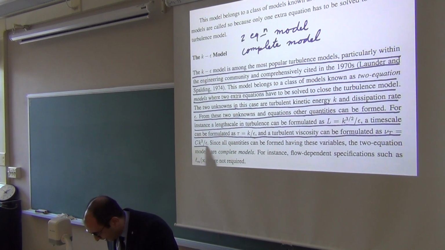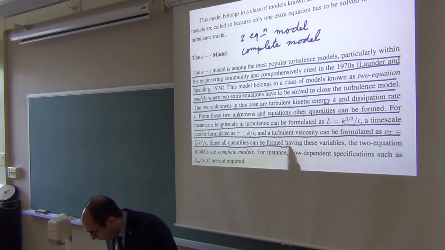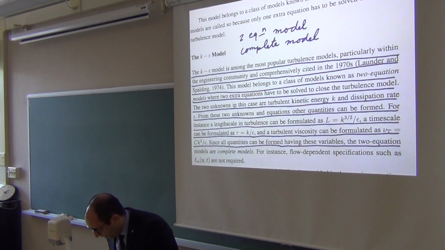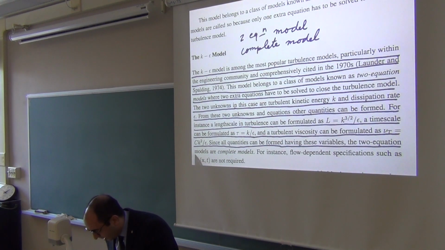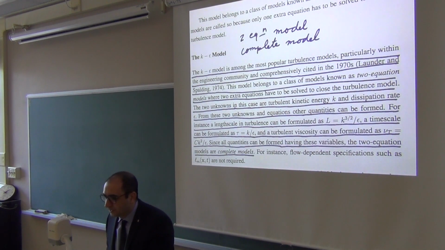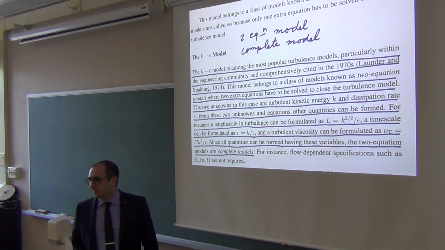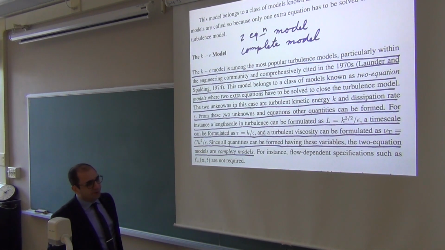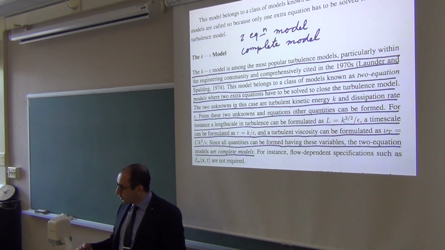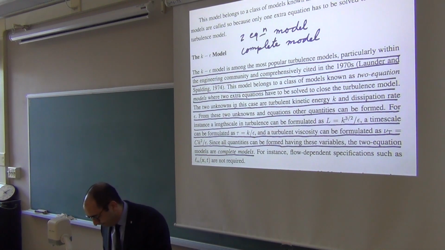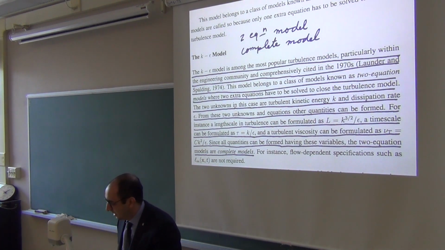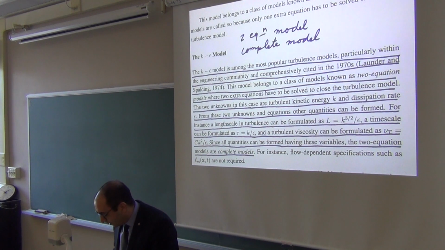Since all quantities can be formed only as a function of these other two quantities, that is why we say the model is complete, because there's no other term. And whatever the discretization, whatever the mesh, for example, mesh could be a coarse mesh, could be a fine mesh, it doesn't matter. The equations are the same.